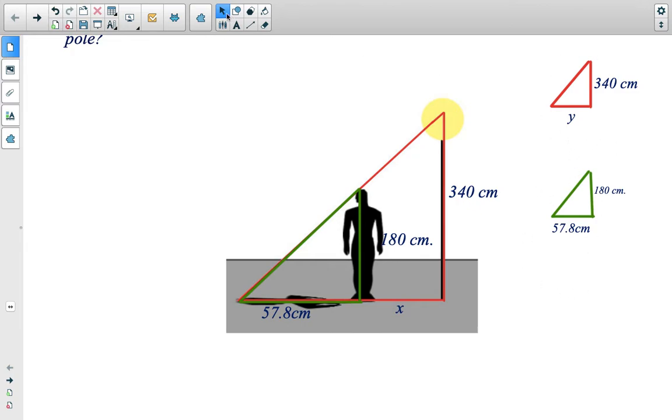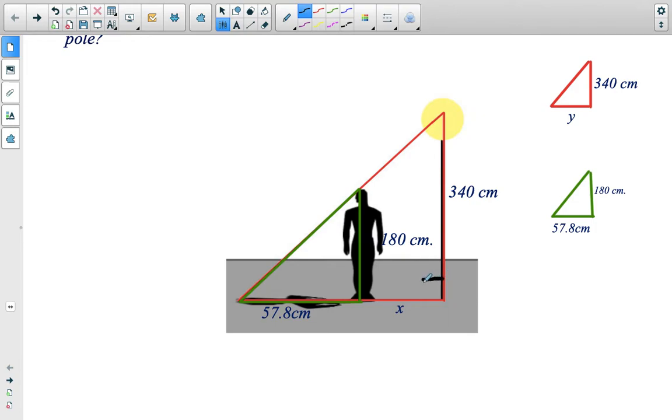Now, before I can assume that these triangles are similar, let's take a look at what happens here. So, if you remember from my previous lessons, and we'll make this black, all corresponding angles of the triangles must be equal in order for these triangles to be similar.